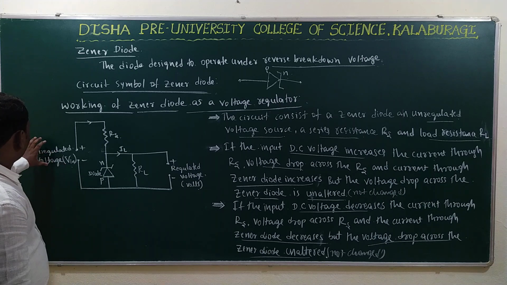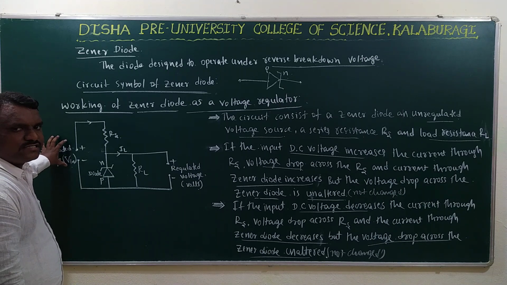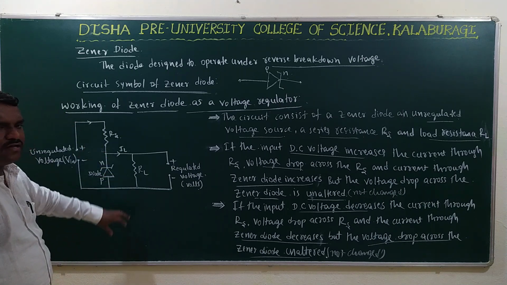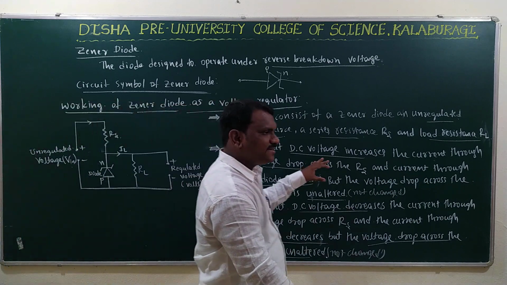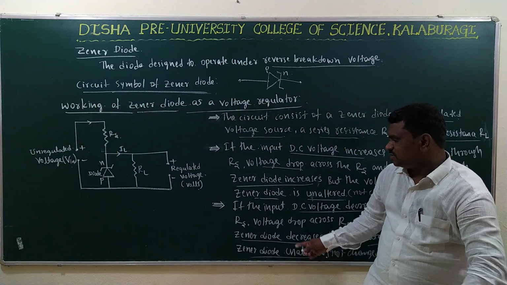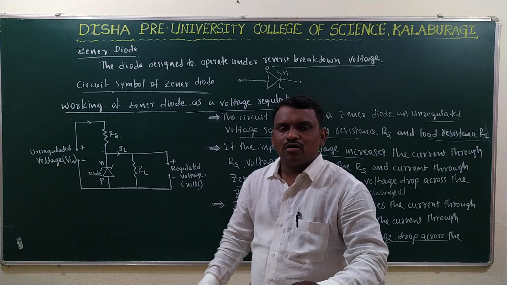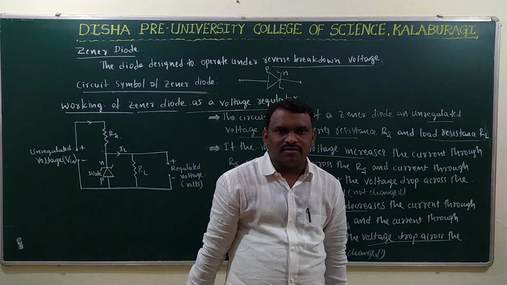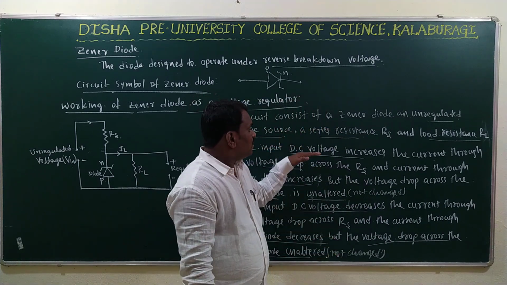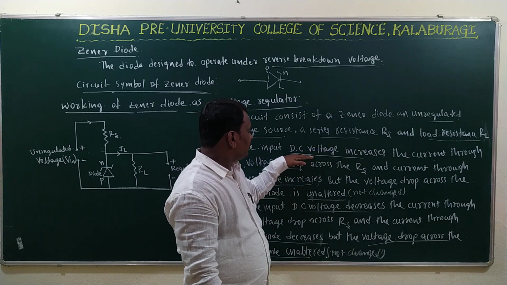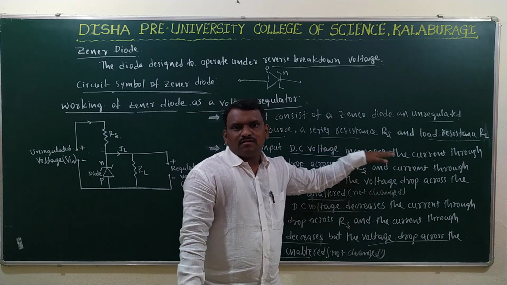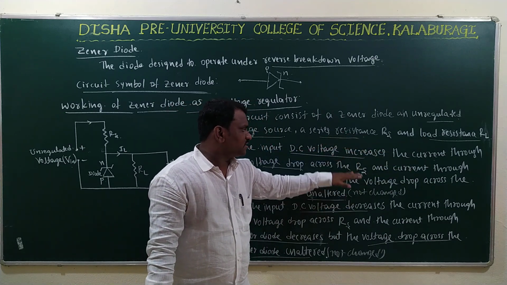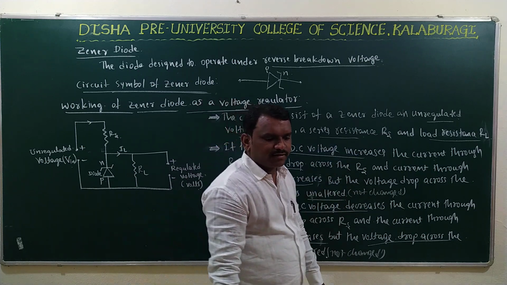The unregulated voltage changes, it may increase or it may decrease. The voltage drop across the Zener diode remains constant or unaltered, but the current increases as the DC voltage increases, or decreases as the DC voltage decreases.